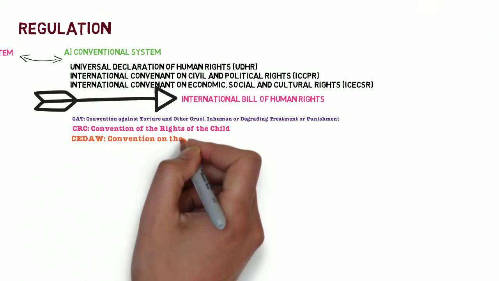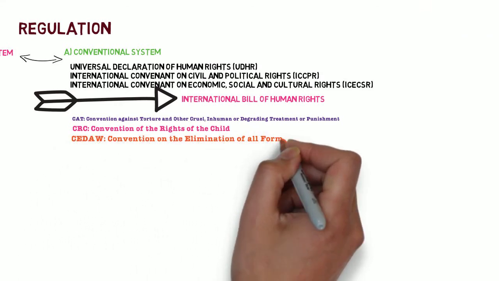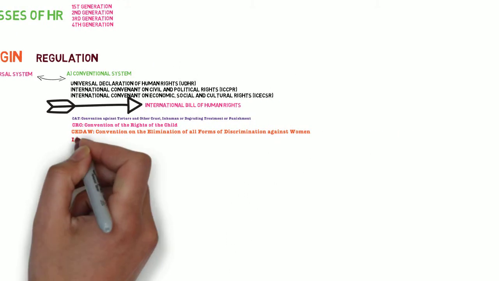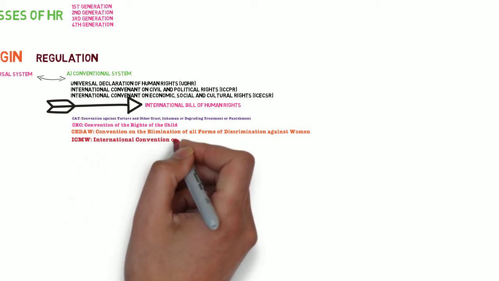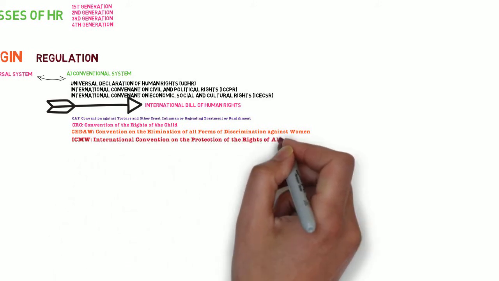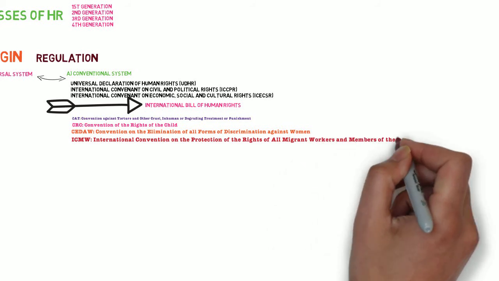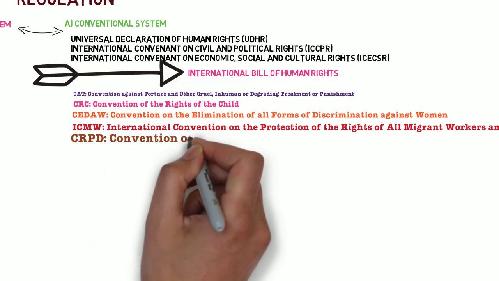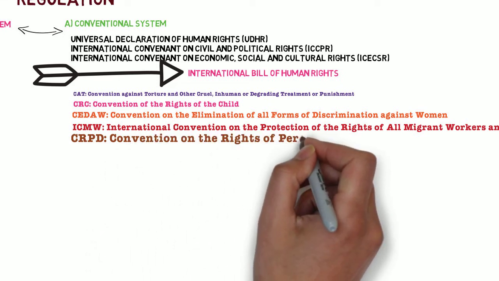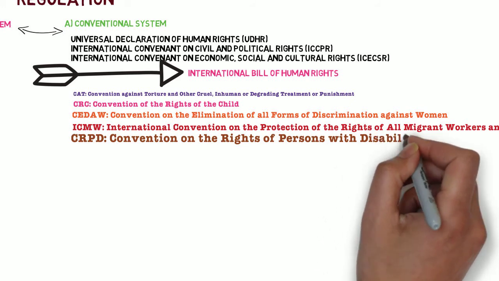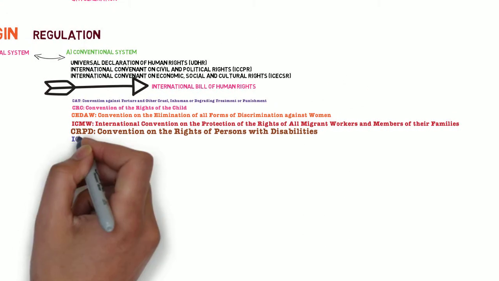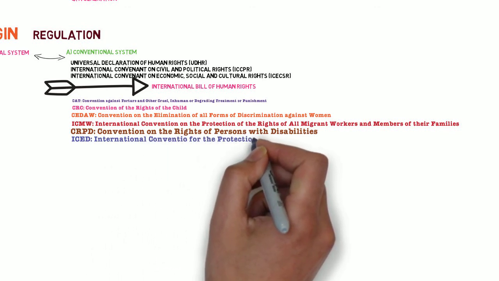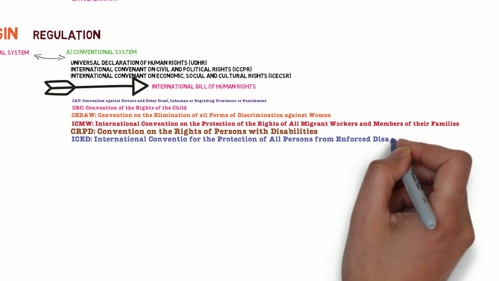Here we need to mention the Convention on the Elimination of all forms of Discrimination against Women, and then also the International Convention on the Protection of the Rights of all Migrant Workers and Members of their Families, then the Convention on the Rights of Persons with Disabilities, and lastly, the International Convention for the Protection of all Persons from Enforced Disappearance.